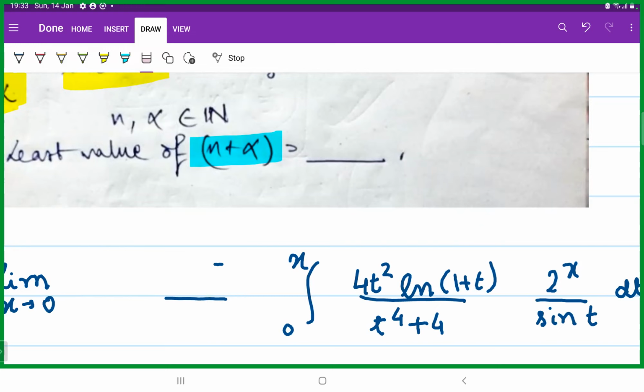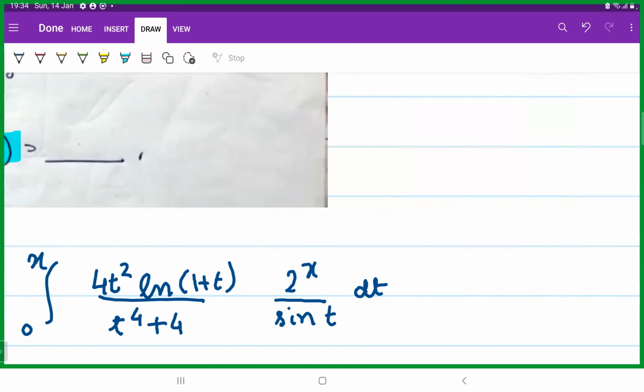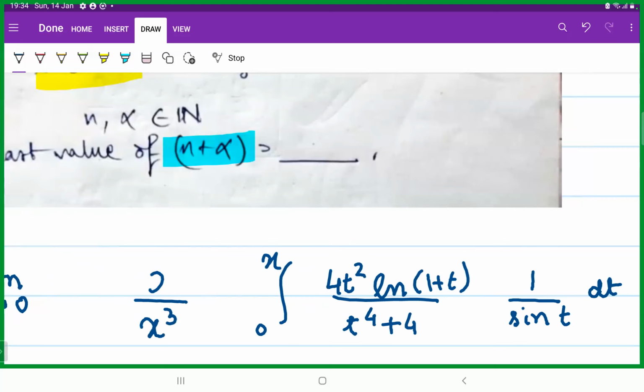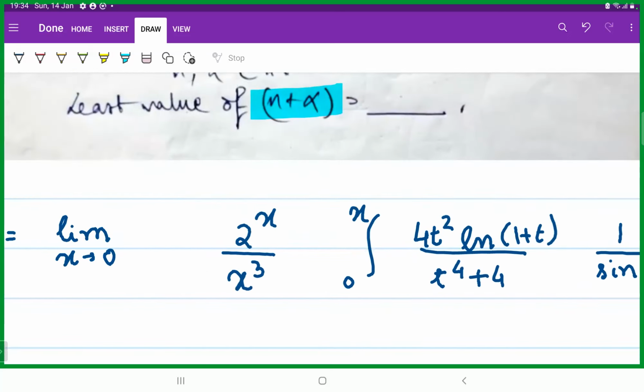So this entire thing will become x cube. Again, you can see that inside this integral we have got this 2 to the power x term. 2 to the power x does not depend on t by any means, right? So we can bring this term out because it's not really relevant for this particular integration.